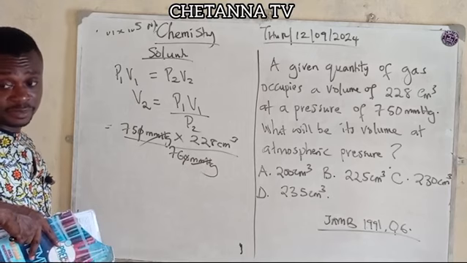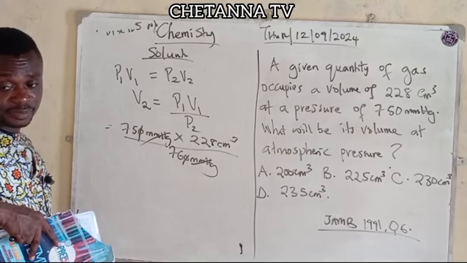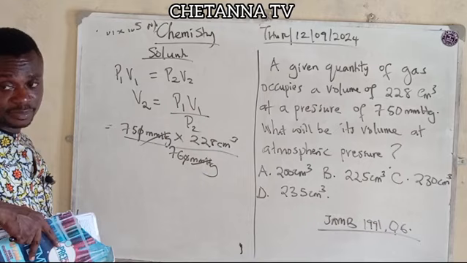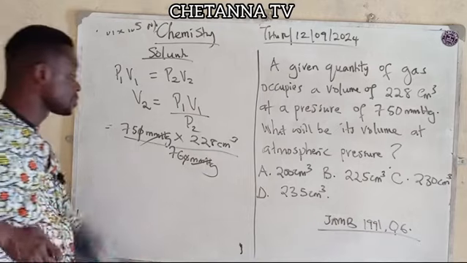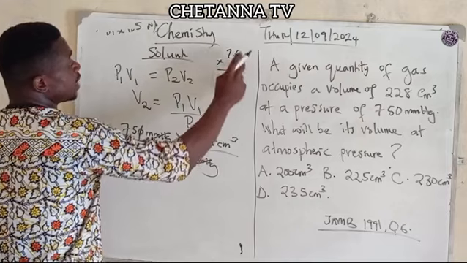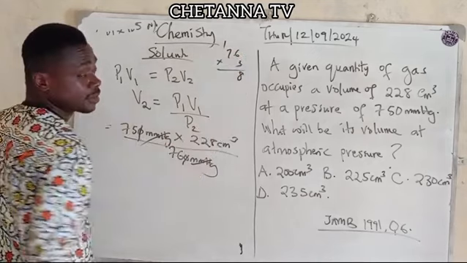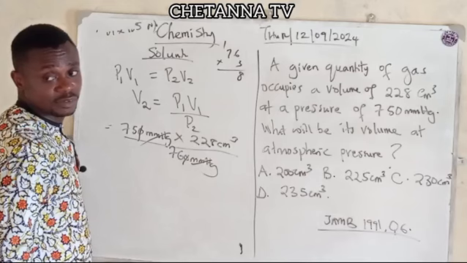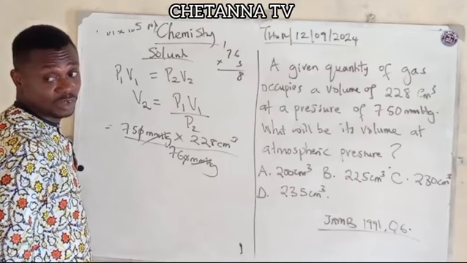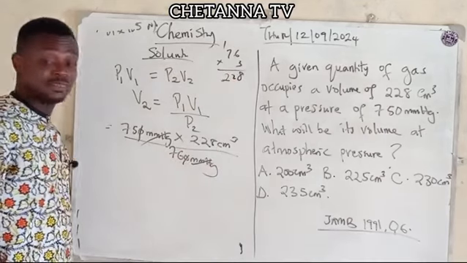Do it now. 76 times 3: 3 times 6 is 18, 3 times 7 is 21, plus 1 is 22. So you can divide it.